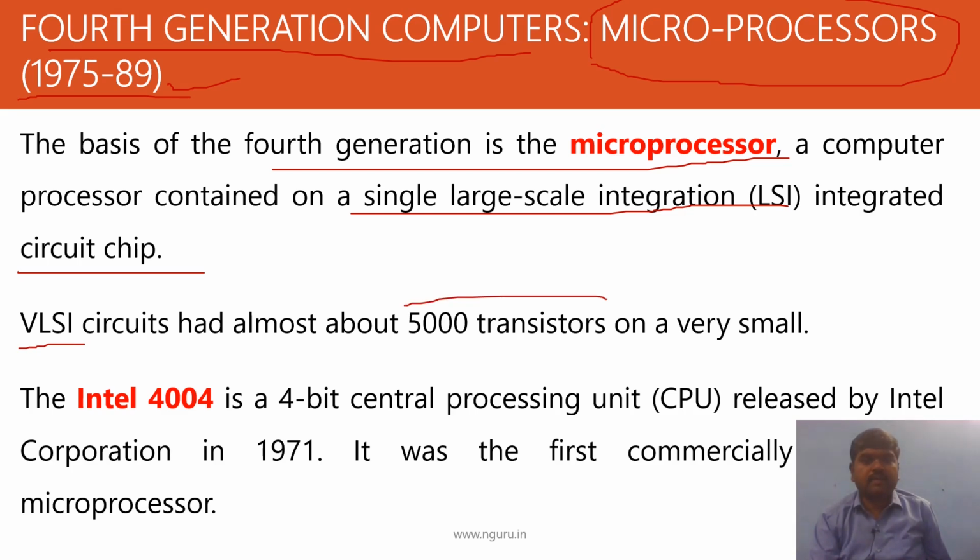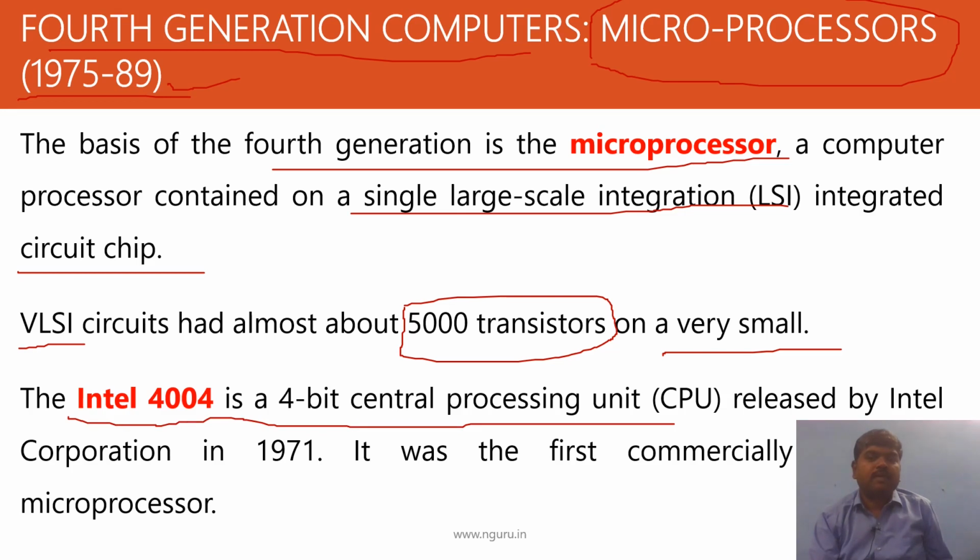If you think about it, around 5,000 transistors can be placed on a single integrated circuit, and the size has become very, very small. You can expect a question on this also. Intel 4004 is the 4-bit CPU released by Intel Corporation in the year 1971.